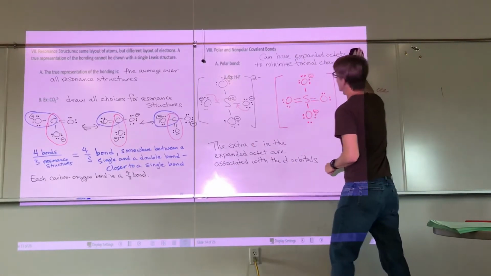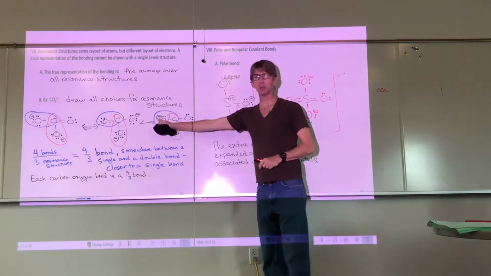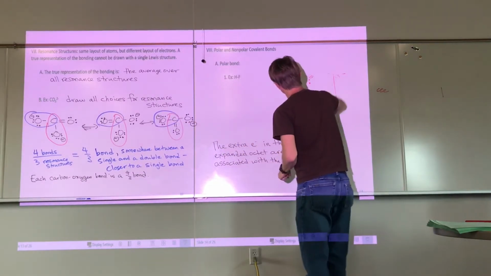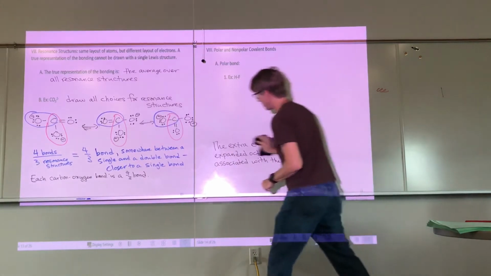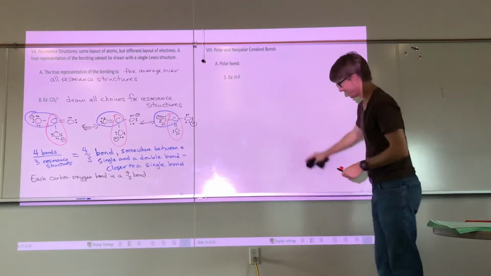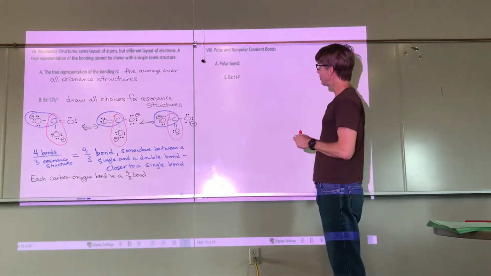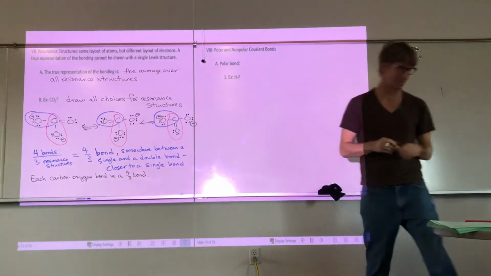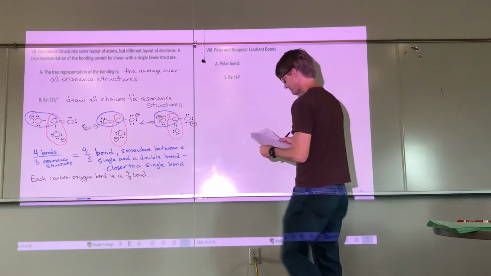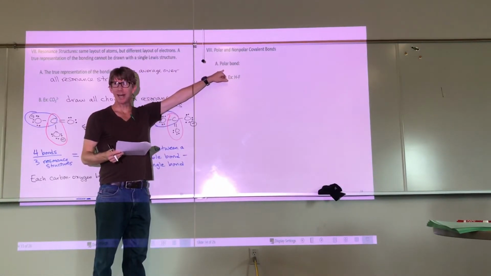Quick diversion or two: polar and nonpolar covalent bonds. So far, we've had formal charges, which help us to understand where the charges are in molecules. We've also had oxidation numbers, which help us understand what the charges are on atoms in molecules. Now we're going to touch on polar and nonpolar covalent bonds. We will just define a polar bond.